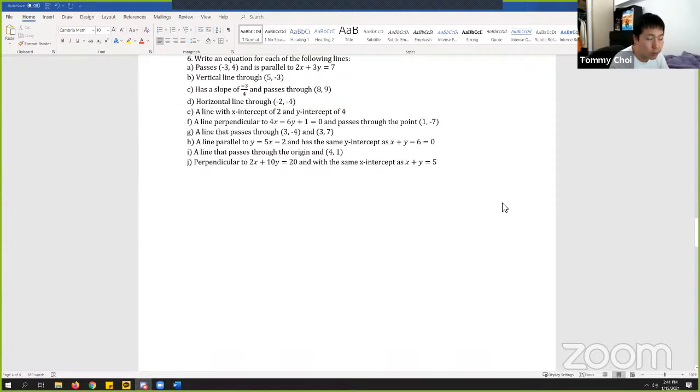If you want to do it on a separate piece of paper, feel free. Get the practice. You're given A to J, which is a lot of different situations to create equations of lines. And if you can do every one of these perfectly, then you're good to go for the test. I can guarantee that for this section.